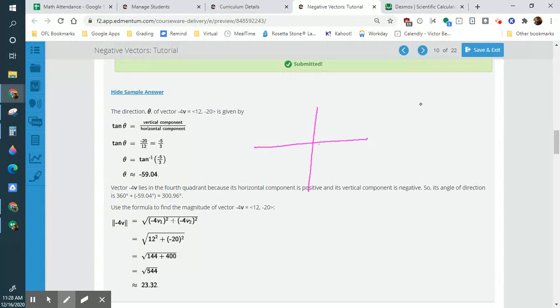If this is a positive and a negative, that means we're talking about quadrant 4. So we want our angle to end up here in quadrant 4 somehow. The only way to do that is by doing the 360 minus our angle. So make it end up here. So actually it would be 360 plus our angle.